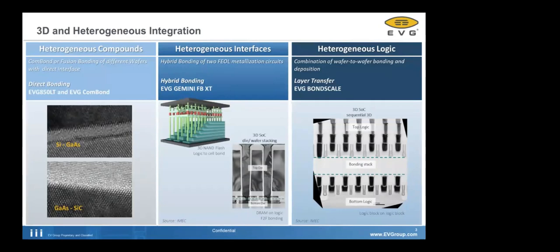The second group is heterogeneous interfaces, where we're using hybrid bonding, for example, to stack devices or basically use it for device integration. The main obstacle here and the main hurdle for the integration is actually the wafer-to-wafer alignment, where we are using the Gemini platform, and the alignment currently achieved in such devices goes down to less than 50 nanometers.